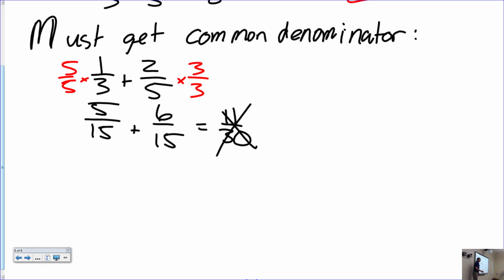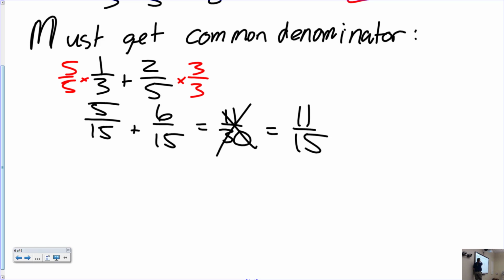When you add fractions, what do you do? Keep the denominator, just add the numerators, right? 11/15. Okay? So again, finding common denominators. Note that this is always a technique you can use when you're adding two fractions. Always.